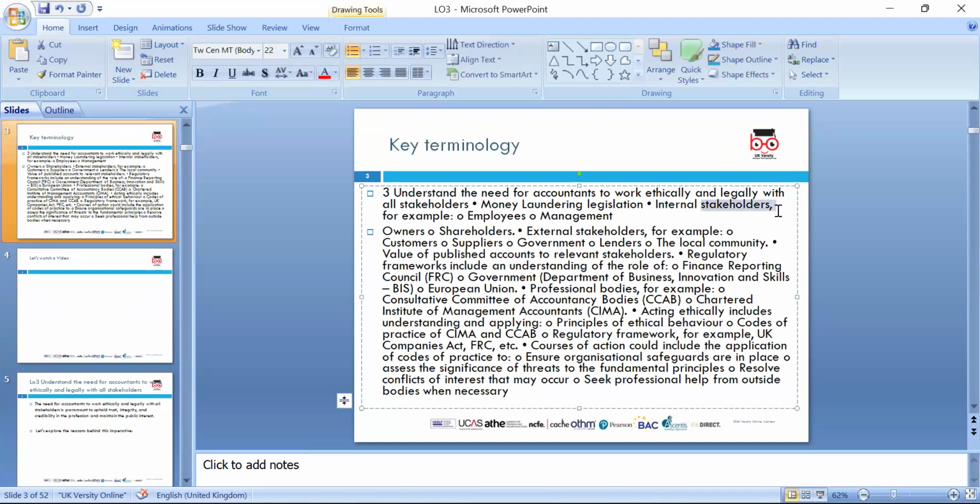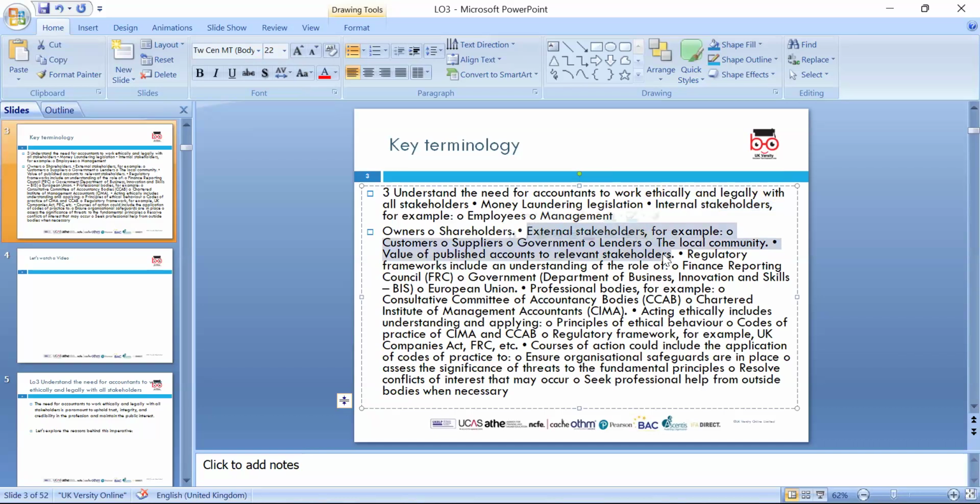We have to fulfill their interests and work in their best interest. Employees want a good salary, management want more bonus, customers want good service and cheaper prices. So we need to look internally within the company and externally outside.